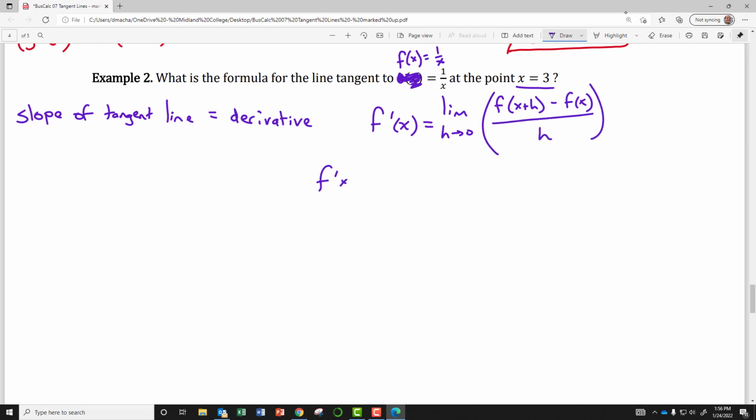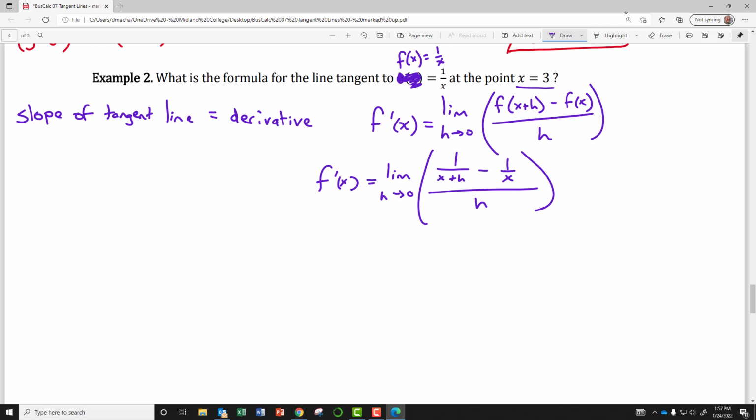Now, my f function is just the reciprocal function, 1 over x. And so plugging that in here, I get 1 over x plus h minus 1 over x in the numerator, and then h in the denominator.